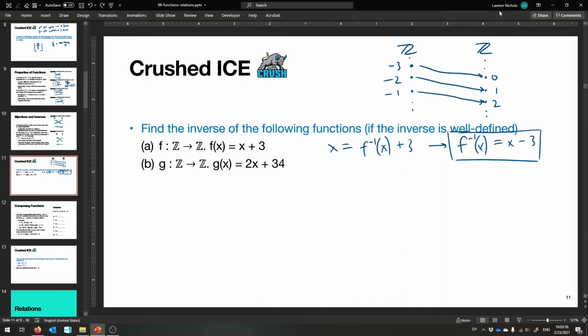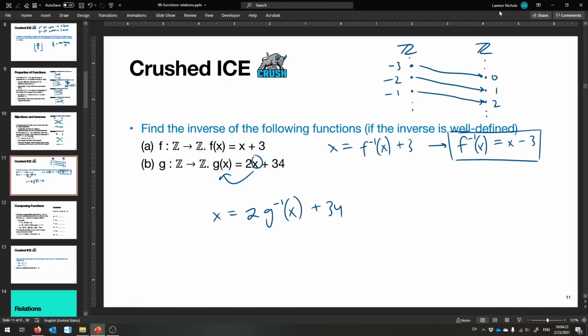So we're going to flip-flop now. We're going to replace x and g of x. So g of x becomes x, and then it's 2 times g inverse of x plus 34, and we just solve for g inverse of x now.